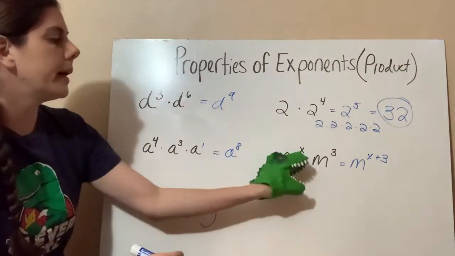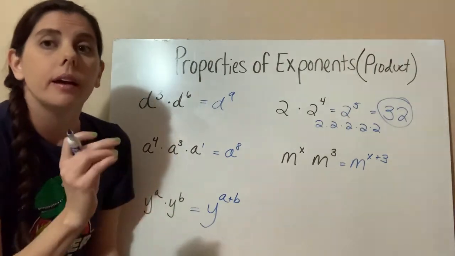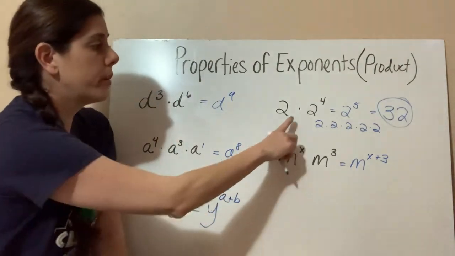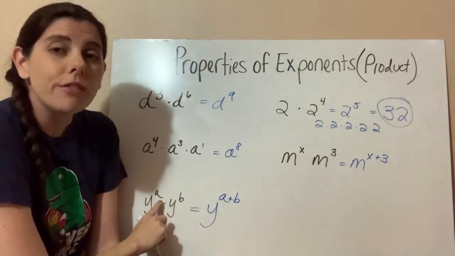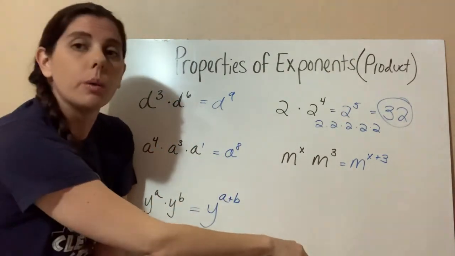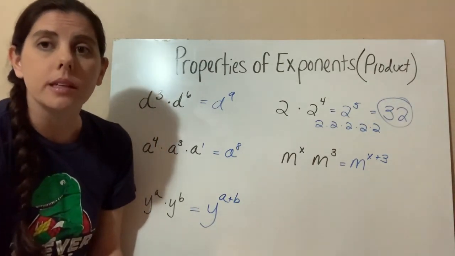Even though it might look a little bit weird in your homework, just remember that the principle still applies, whether the base is an actual number or a variable, and even if your exponents are variables. So we want to remember we're adding the exponents whenever the bases are the same.